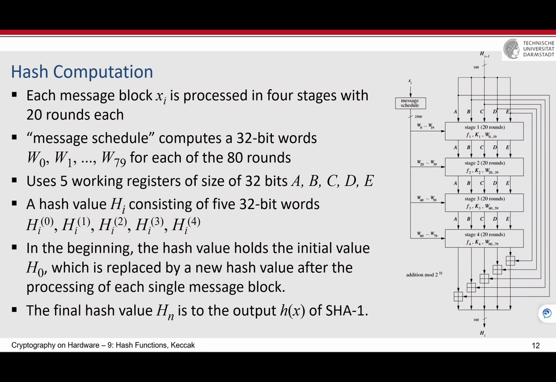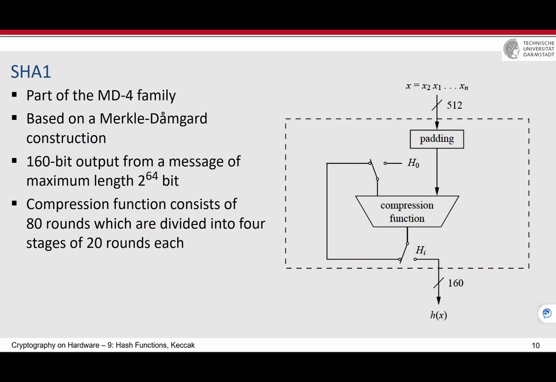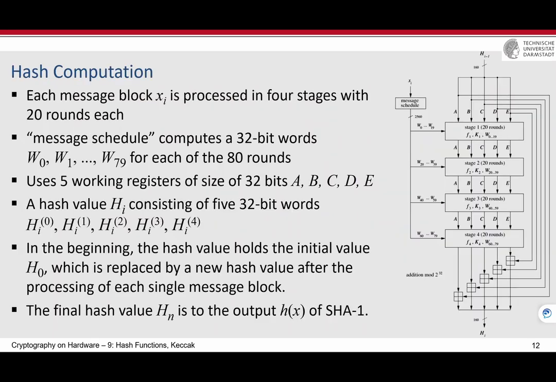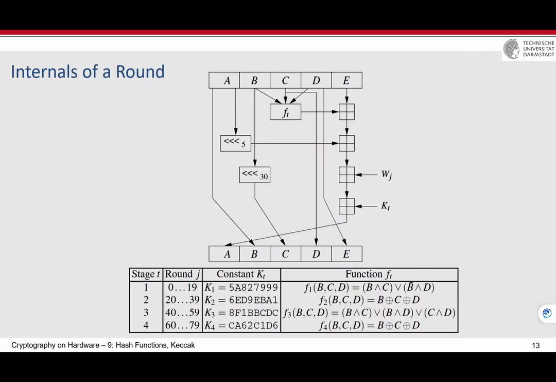Then the output of this is just one digest, but if it's not the only message block, it needs to go up and is used as the input again for this hashing. This construction, what I explained, is called the Merkle-Damgard construction: the last hash is used as the input for the next computation of the digest.